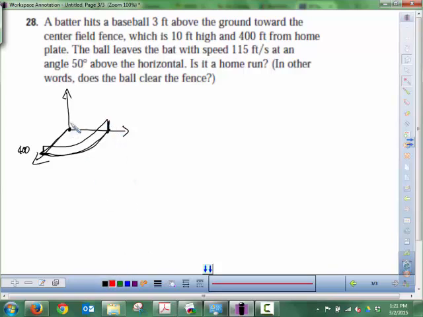And then this is where everything starts, 3 feet above home plate. And let's assume that home plate is at the origin. So that's your setup, right?